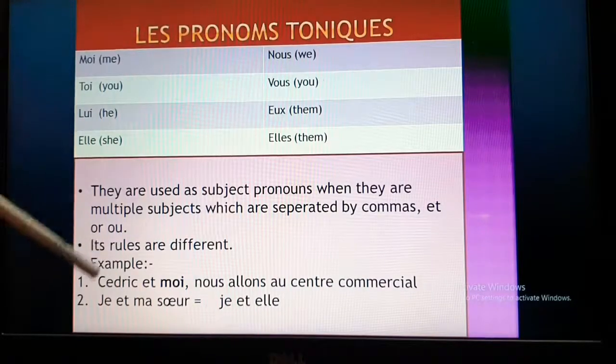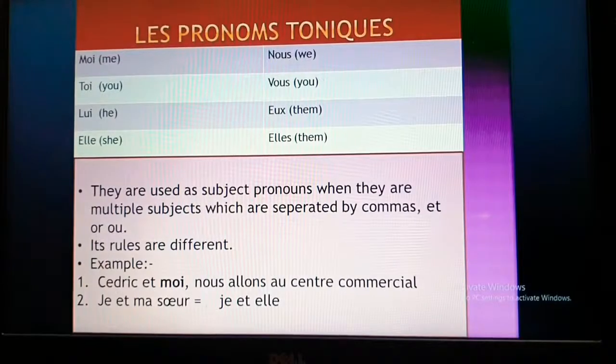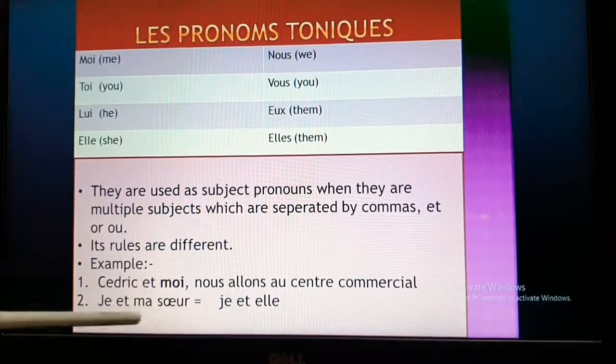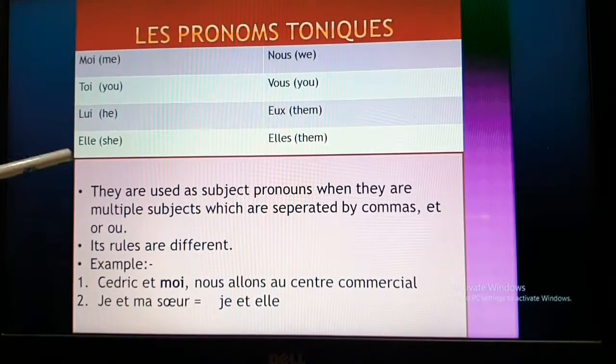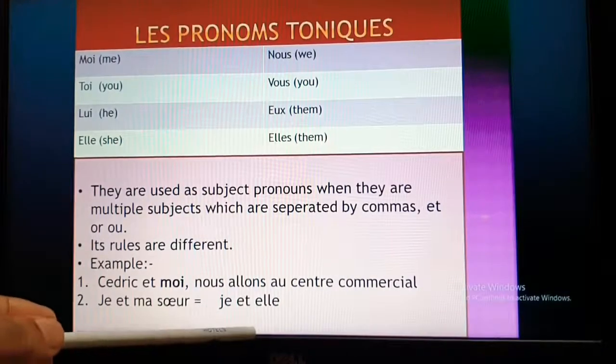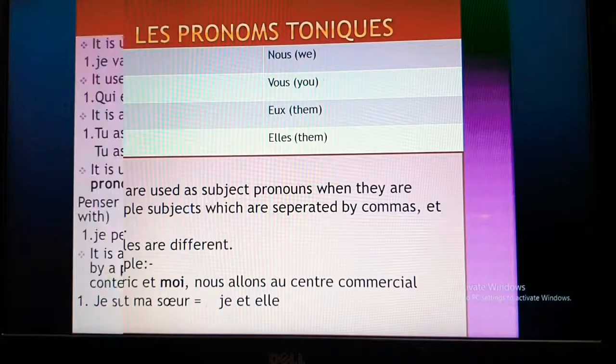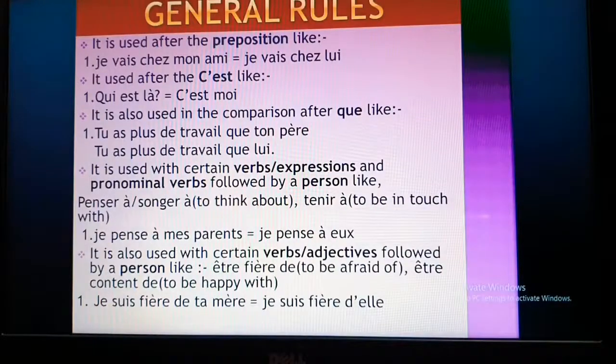So me and Cédric becomes nous. Similarly, ma sœur et moi, so ma sœur can be replaced by elle. So I and she, we both go to school together. So what is pronoun tonic all about? Let us see some general rules.